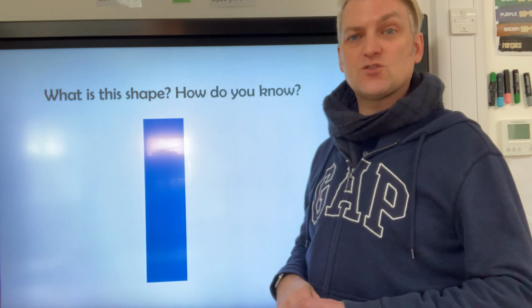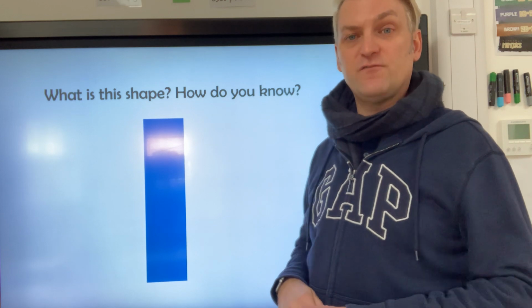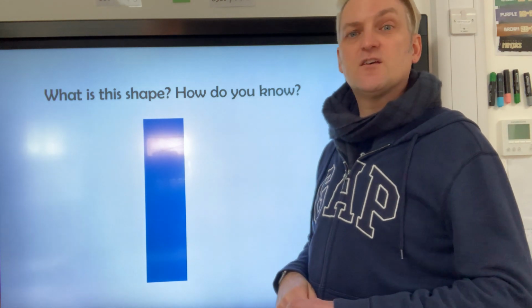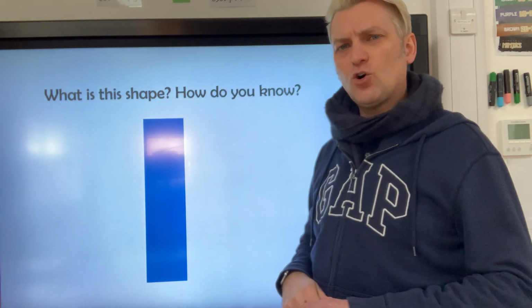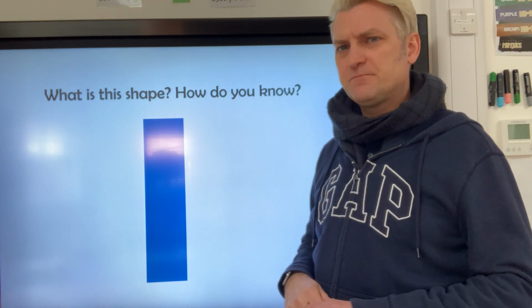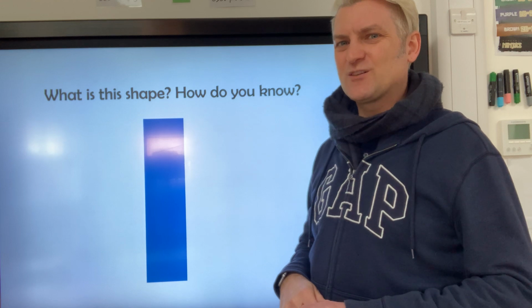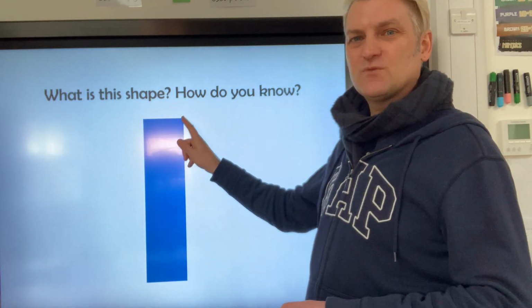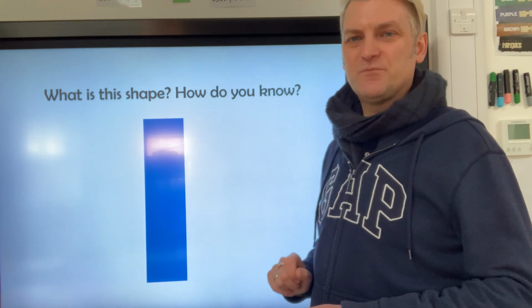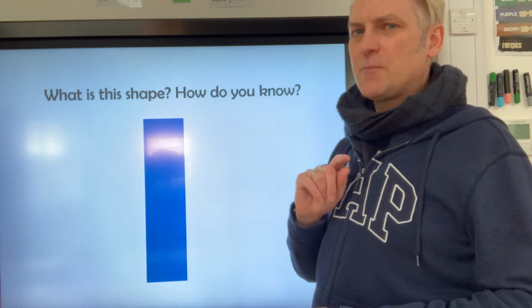So we've got 2 and 2, and that makes 4. There are 4 straight sides, 2 short and 2 long. How many corners does it have? Can you remember? That's right, well done. There are 4 corners on there as well. 1, 2, 3, 4.